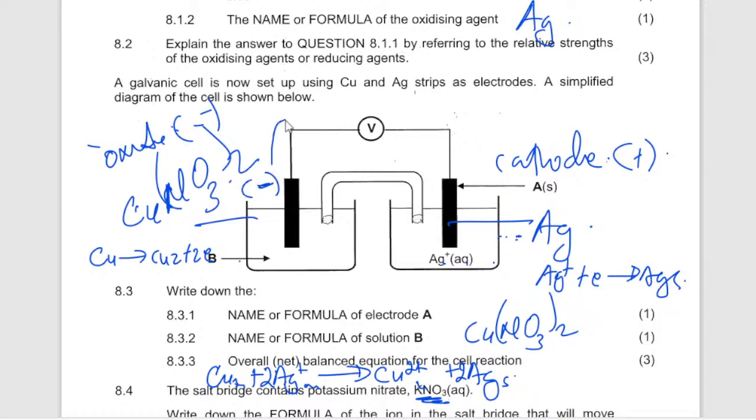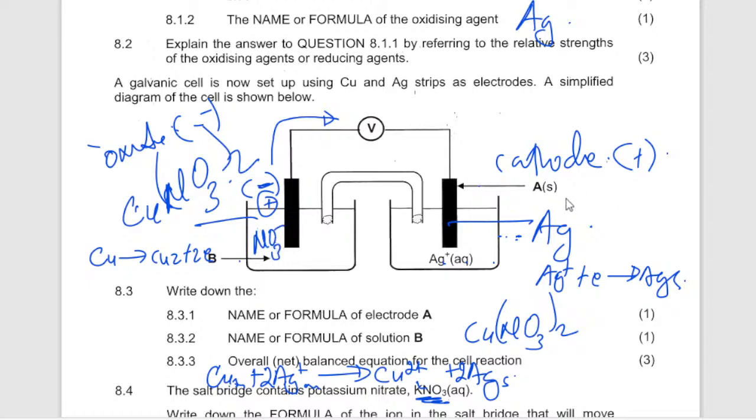So electrons move from there to here. When they move from there to here, it leaves this one less negative and it starts to become positive. So what happens? The nitrate will come and keep it negative again.